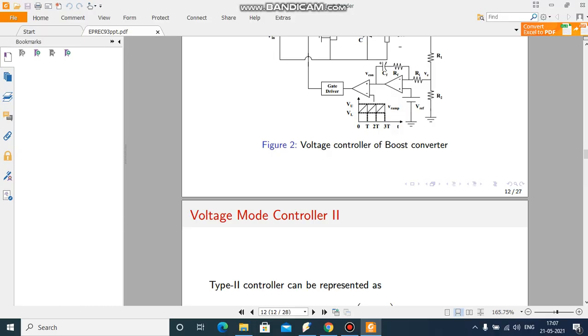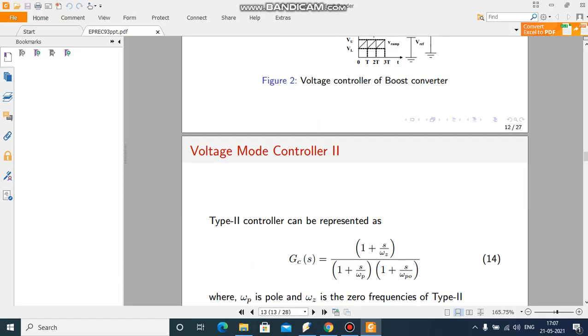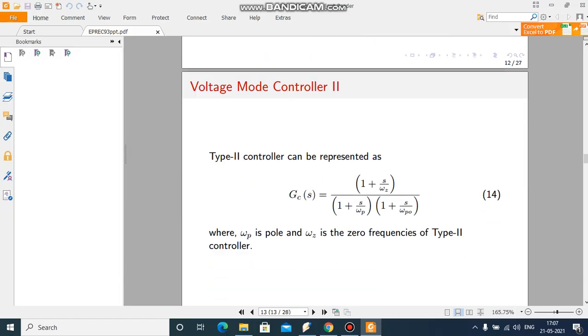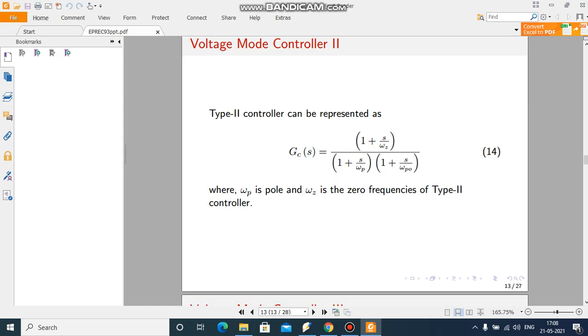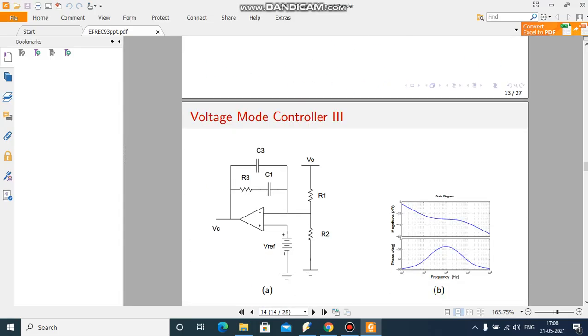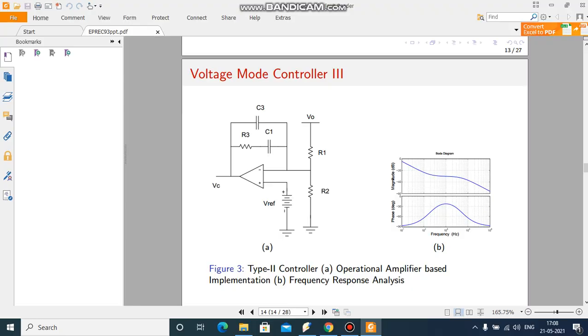This one is the PWM modulator, where we have compared the controller voltage with the triangular wave. Basically in voltage mode converters there are two different things, that is the type 2 controller and the type 3 controller. The type 2 controller has one zero and two poles, and figure A shows the voltage type 2 controller.